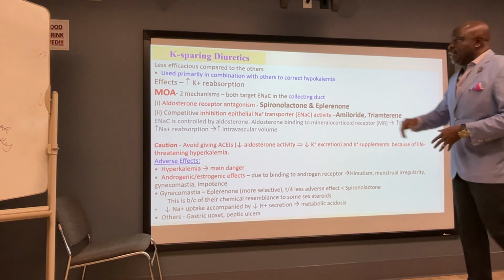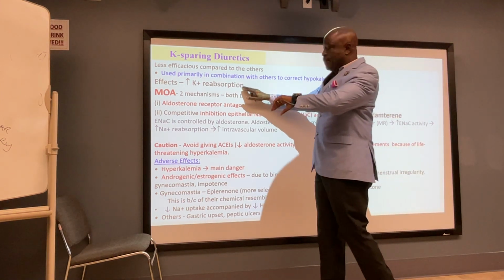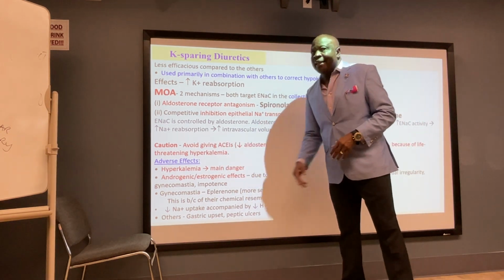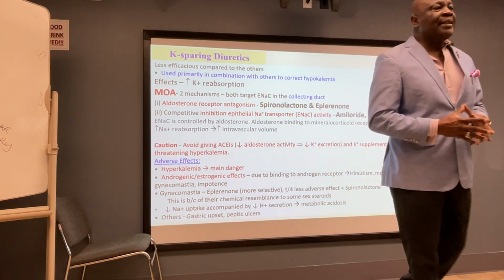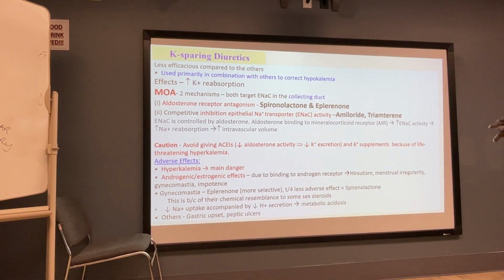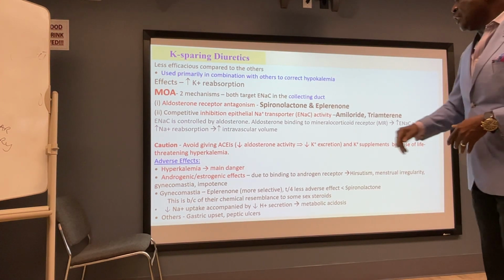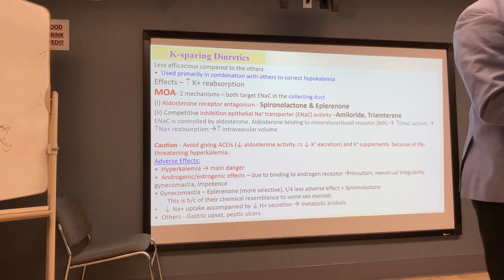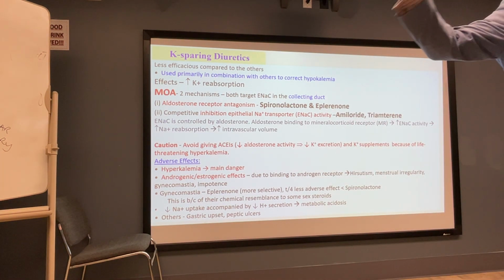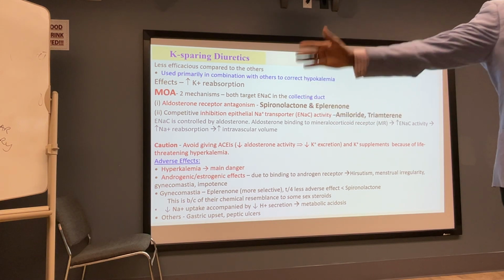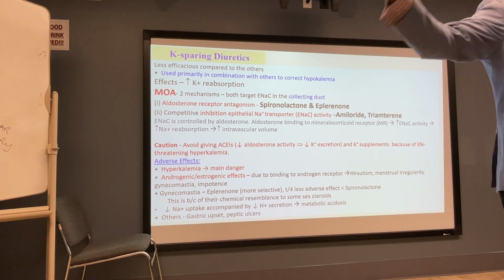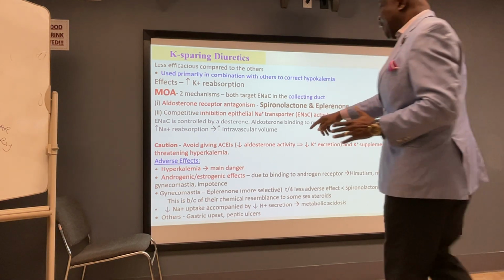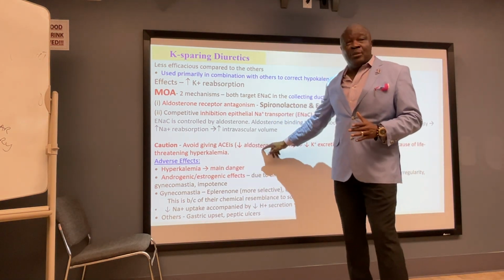And because of the strong effect on potassium reabsorption, they said you have to avoid giving ACE inhibitors. ACE inhibitors are known to reduce aldosterone activity. Don't forget, when you stimulate the renin-angiotensin system, you also stimulate aldosterone, correct? That's why we call it the renin-angiotensin-aldosterone system. So when you're blocking angiotensin, you're automatically blocking aldosterone too.